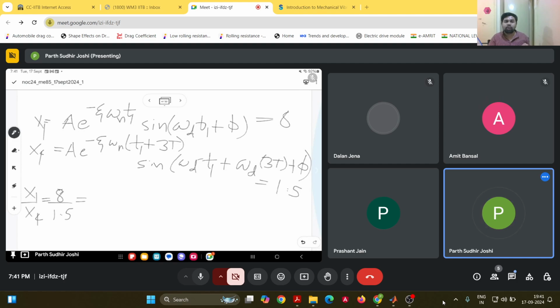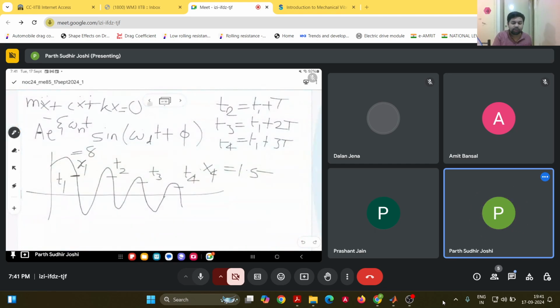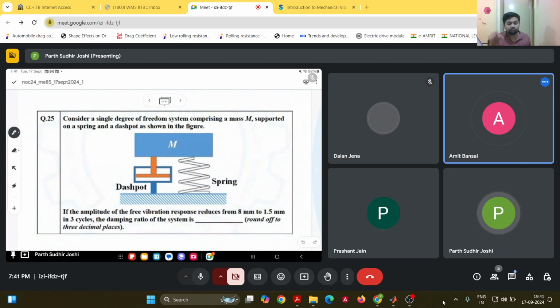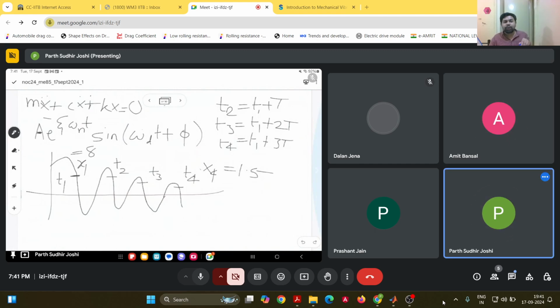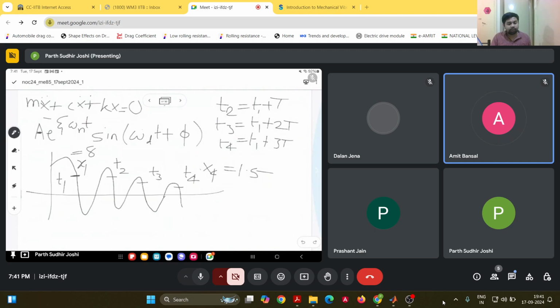We don't know where it started from, and they need not be the first three cycles. No such information is given, and we need not bother about that, because it is just a certain vibration signature: over those 3 cycles, it starts from 8 and after 3 cycles goes to 1.5.